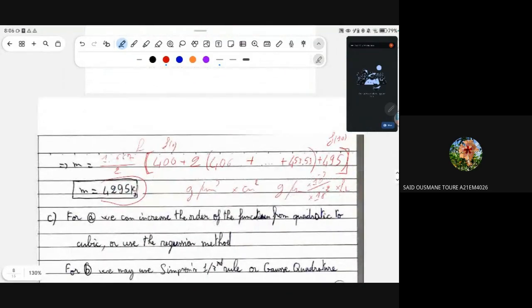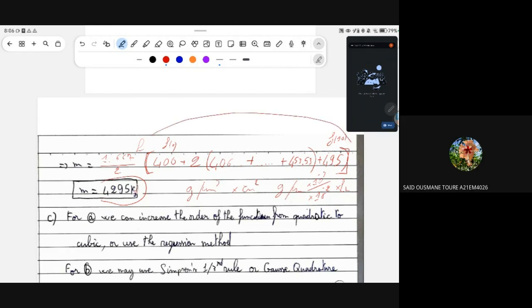So whatever the value of h is here, you multiply by 10 to the power of minus 3 over 10 to the power of minus 2. Equal what? So, if we substitute the values to find the final value, it's going to be gram per centimeter, and then we need to transfer it to kilogram.